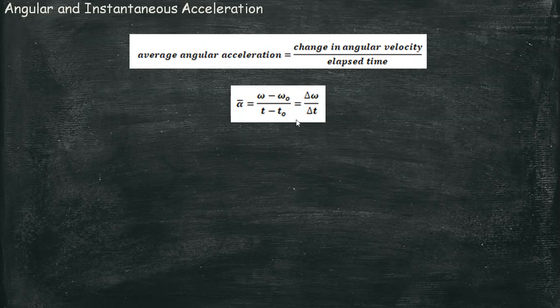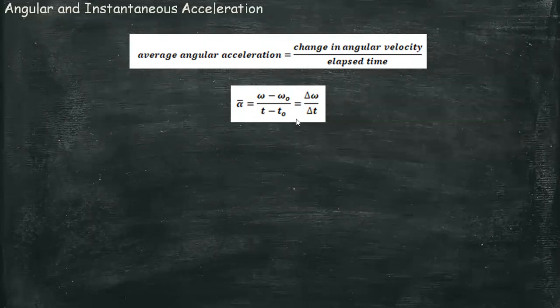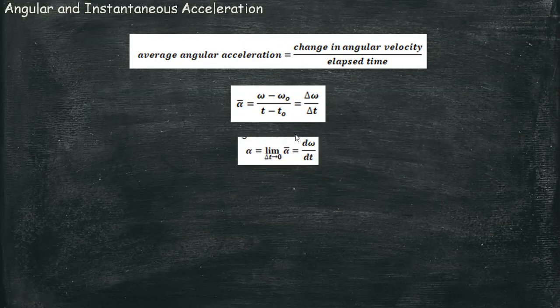The standard unit for the average angular acceleration is radian per second squared. The instantaneous angular acceleration at a given instant is the limit of the average angular acceleration as the change in time approaches zero, which gives us the derivative of omega with respect to time.